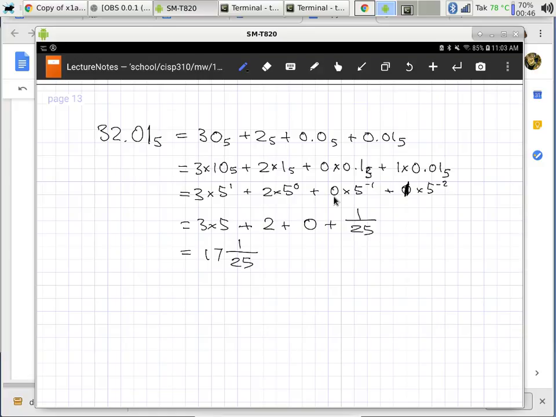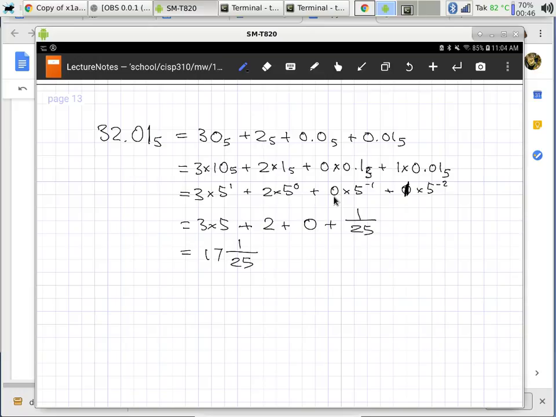Say that one more time. 17, I can't hear. So wouldn't it technically be 17 over 25? 17 over 25. Why would it be 17 over 25? I can't hear you, sorry. Because it looks like multiplication. It looks like multiplication.